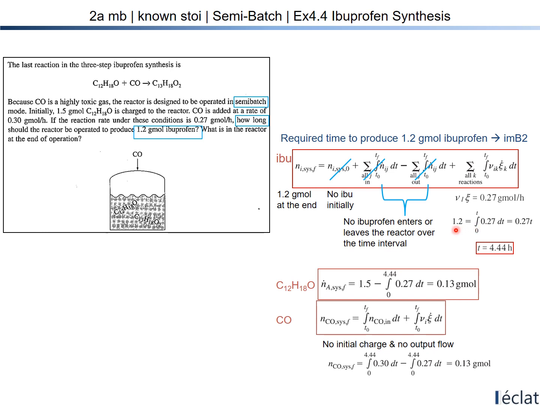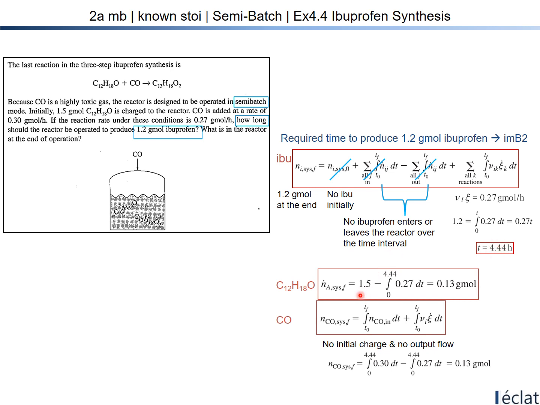Then 1.2 is equal to 0.27 t. Then we could calculate the reaction time to obtain the 1.2 gram mole at the end of the reaction. So the answer is the reaction time is equal to 4.44 hours.